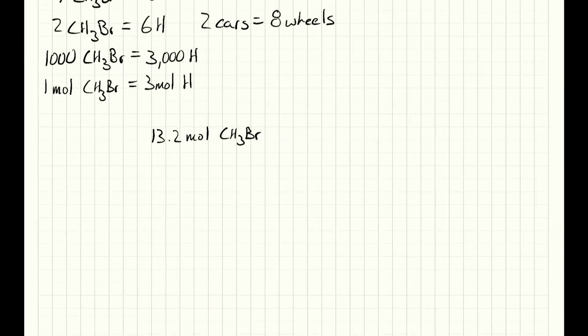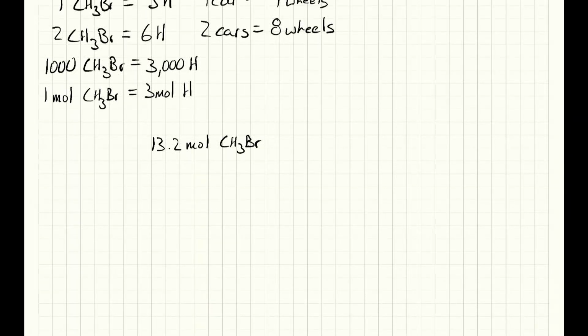And let's make a little conversion factor here too. We can actually use this that we were just working with. So let me highlight that to show that we're working with it. I'll use orange, that's a different color. So we have 3 moles of hydrogen atoms per 1 mole of CH3Br.